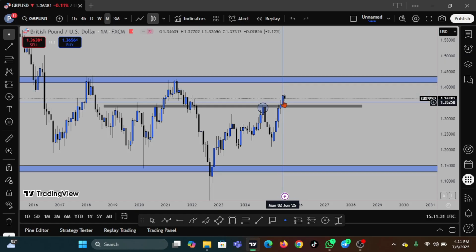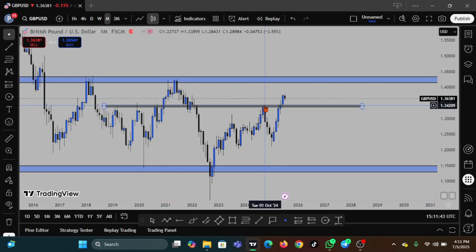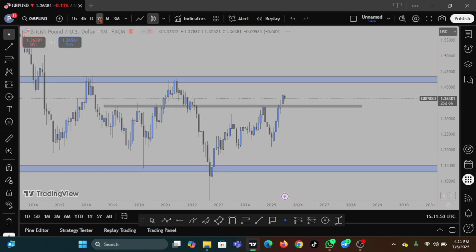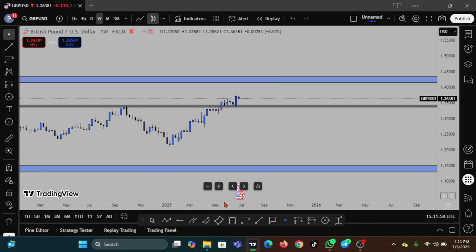But before we continue going higher, one thing we are so sure of in the market is that retracement is always bound to happen. So we expect price to come back to this break of structure point to retest this level before we continue the push higher. Let's look at the weekly chart to have more insight into how candlesticks are moving from this level.